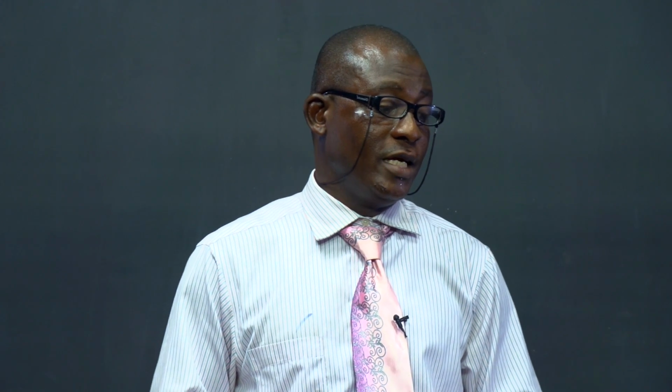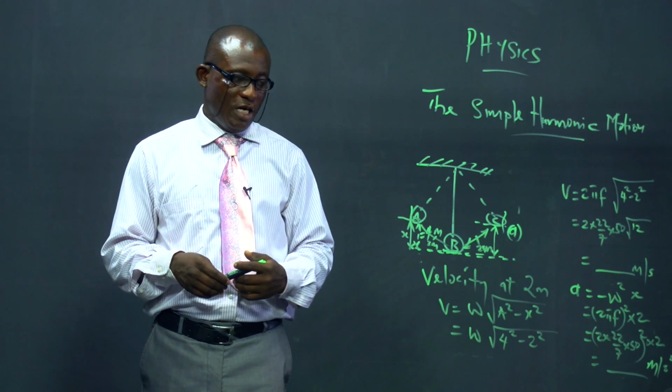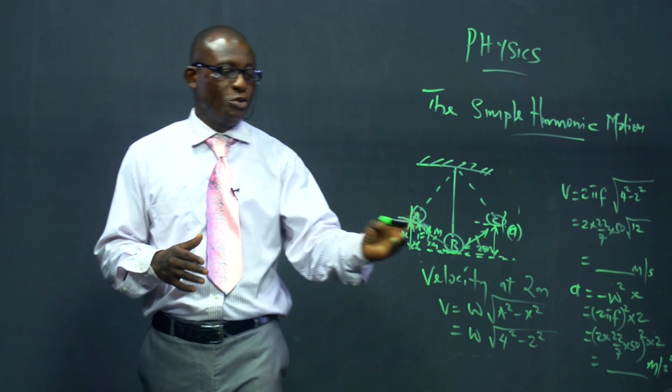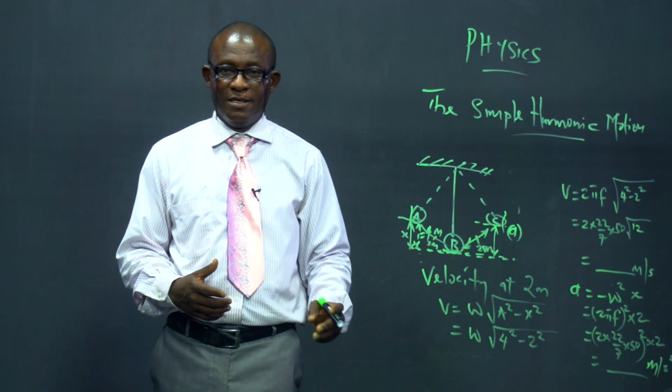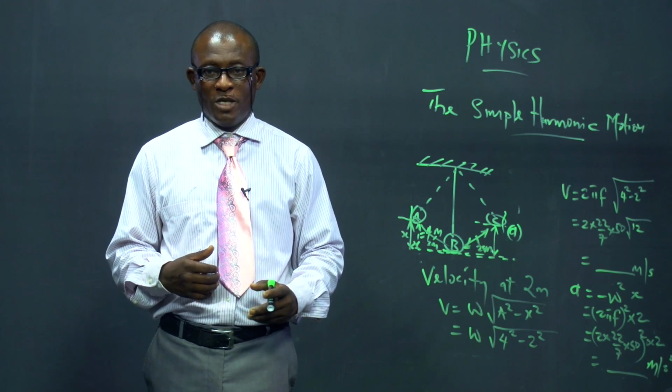The question asks us to find the period, and the period is the reciprocal of frequency, 1 over f, 1 over 50. We have also been able to see the acceleration at the middle and acceleration at the end. We discovered that at the middle, the acceleration is 0. Why?